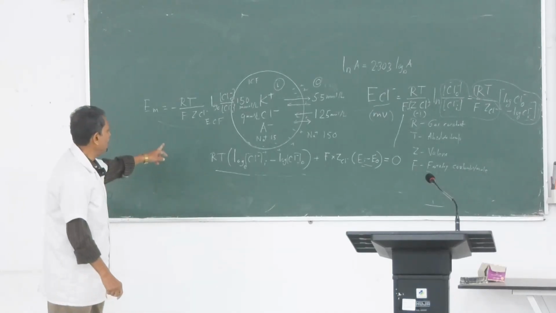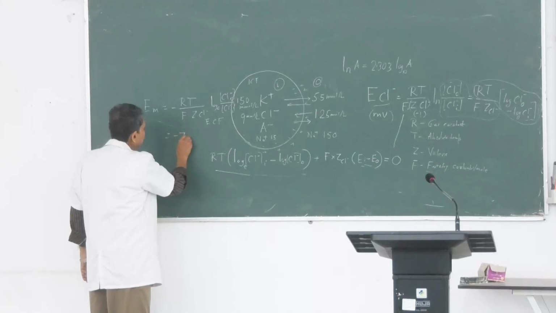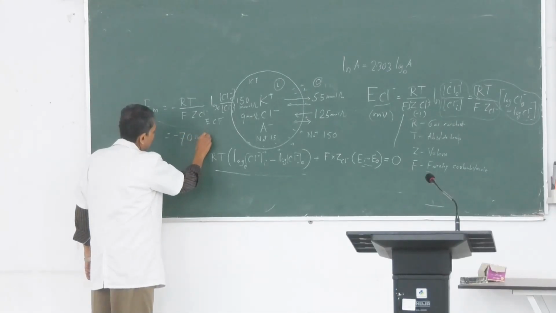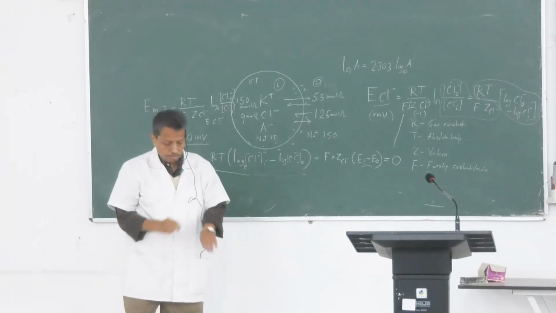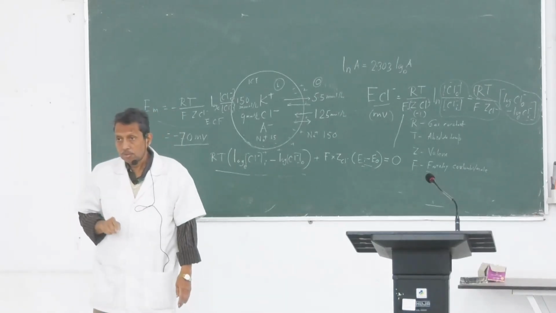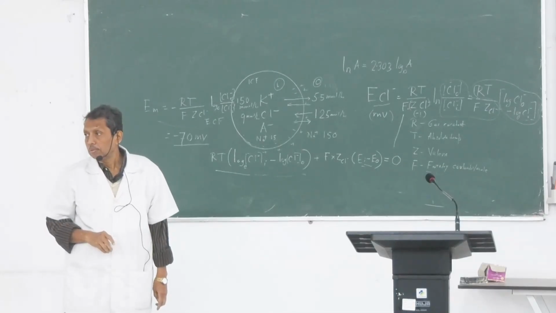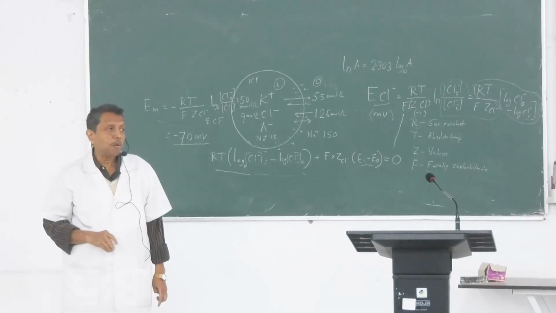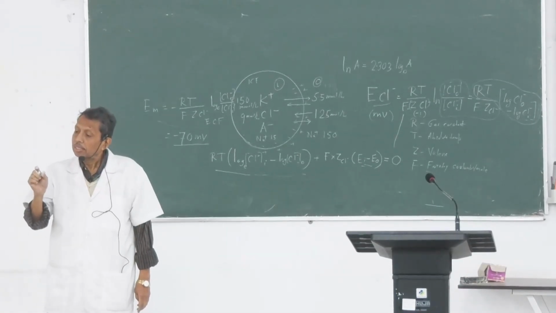In that case, you will find this value as minus 70. And the measured value is the same figure.